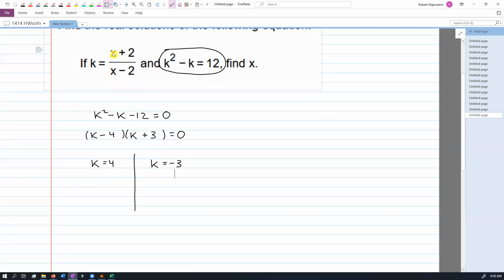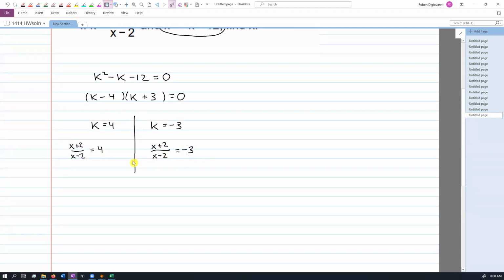But what is K? K is x plus 2 over x minus 2. So I have x plus 2 over x minus 2 must be 4. And this one is saying x plus 2 over x minus 2 must be negative 3. So now we get to solve these. Now, we hadn't done any of these in class, but what I'm going to do is, this is a rational equation. So I'm going to multiply both sides by the denominator, x minus 2, to clear it on the left.